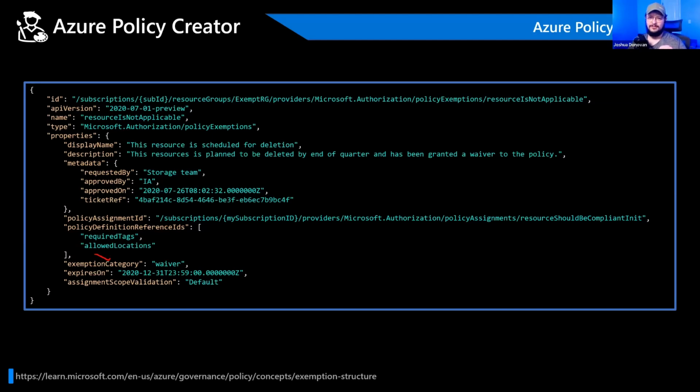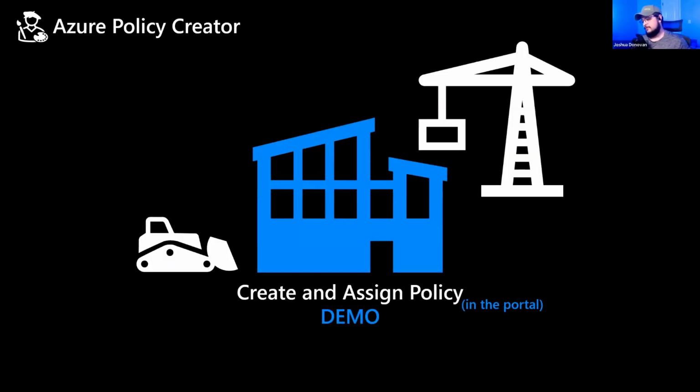By waiver, I mean the exemption category. You can put in a waiver through an exemption for that resource, and then it'll show in your compliance dashboard as exempt instead of as non-compliant. So it looks pretty on all the reports, but also it keeps any modify policies from modifying it, and deploy if not exists policies from deploying against that resource, as long as you exempt it from those assignments.